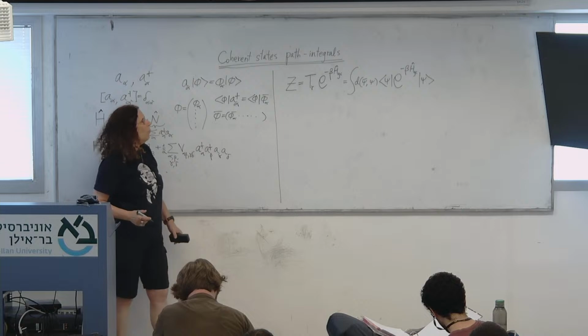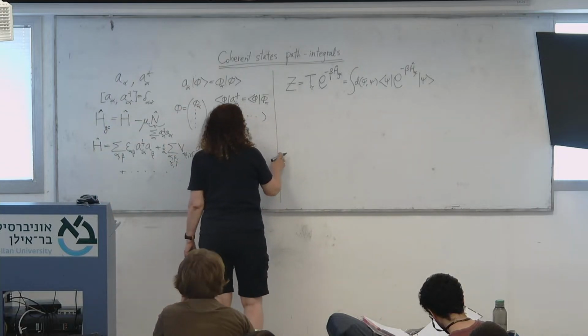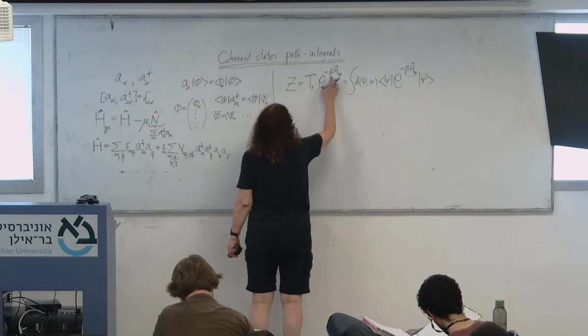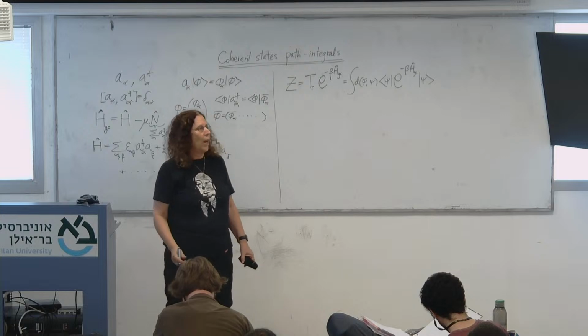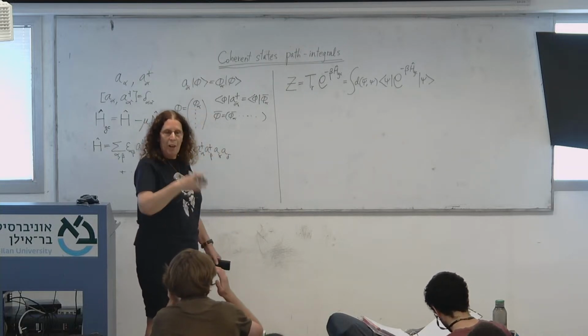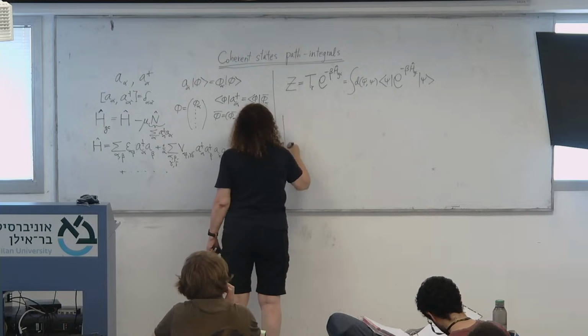Namely, what we do is we view the parameter beta, which is the inverse of temperature, as an imaginary time axis, and we divide it.